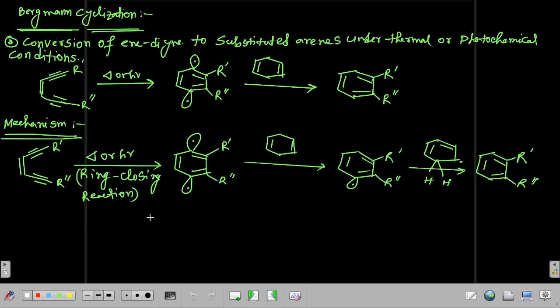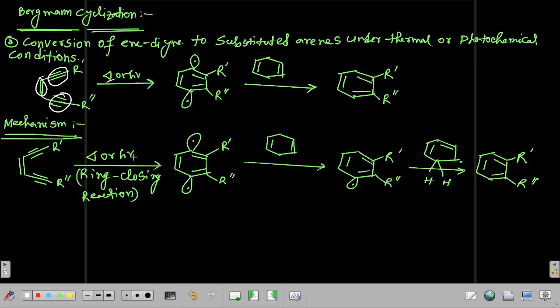Next is Bergman cyclization. In this reaction, it leads to the cyclization of this enediyne, this is ene, and diyne, to the substituted arenes under thermal or photochemical conditions. So we will see the mechanism of this reaction. So first it will start with the starting material enediyne.